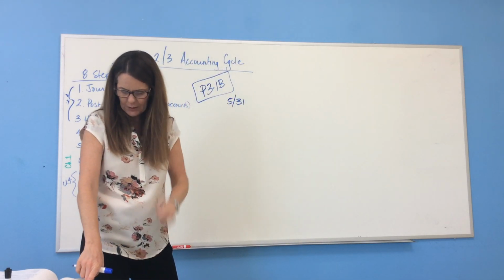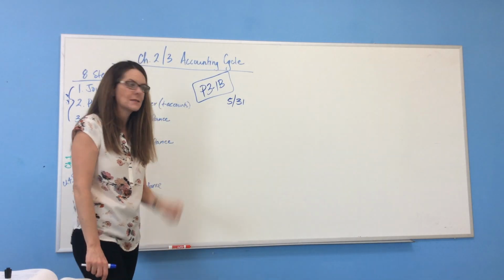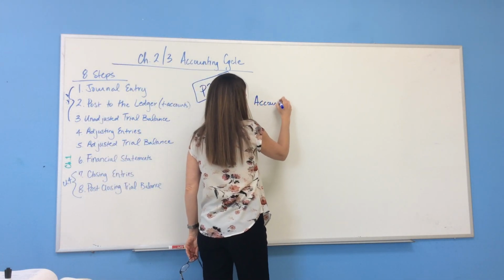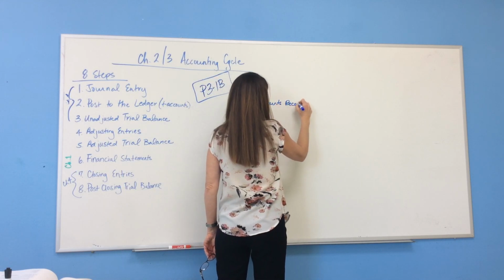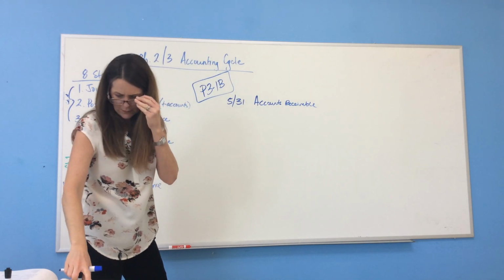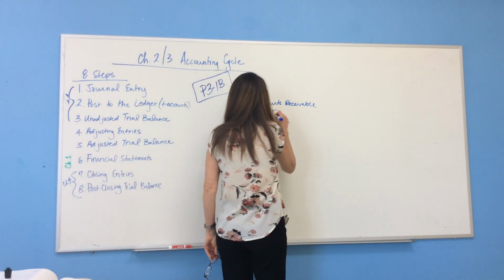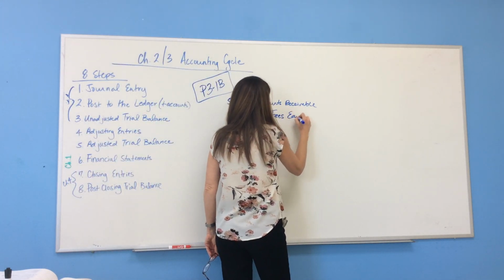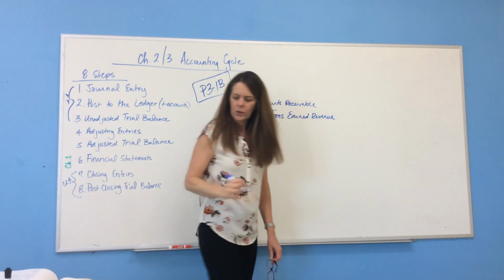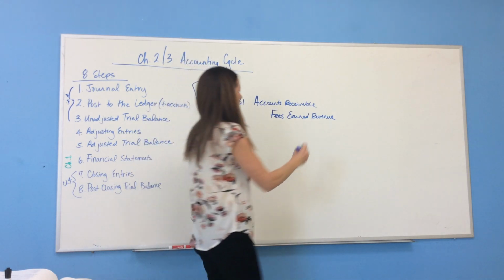So fees earned but unbilled May 31st are $19,750. So we're going to debit accounts receivable, and credit what type of revenue? Fees. Okay, and we're going to use the amount that they gave us, $19,750.